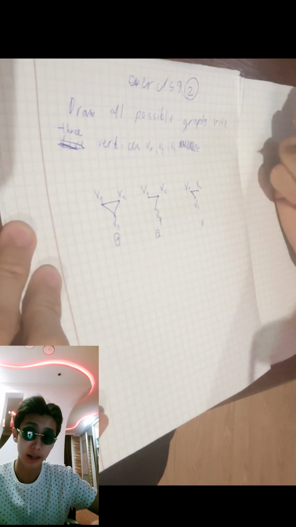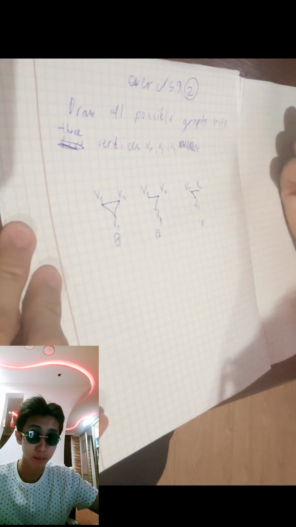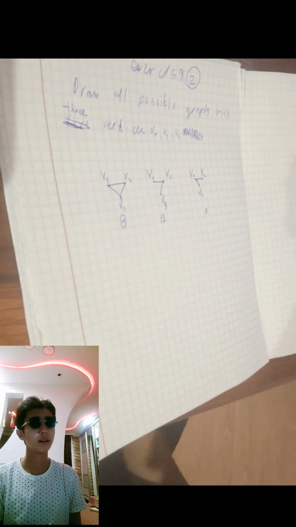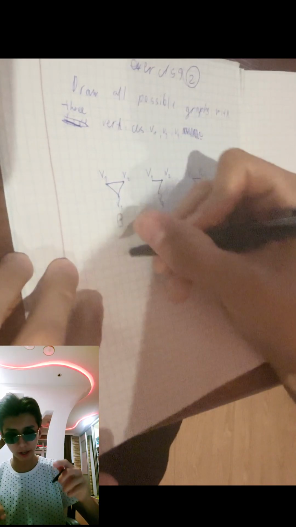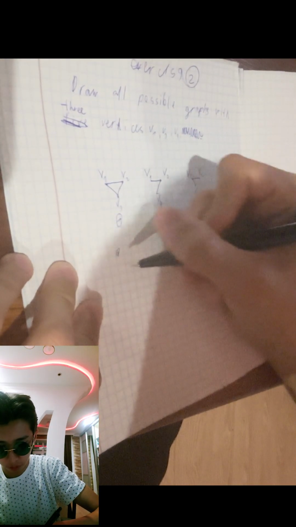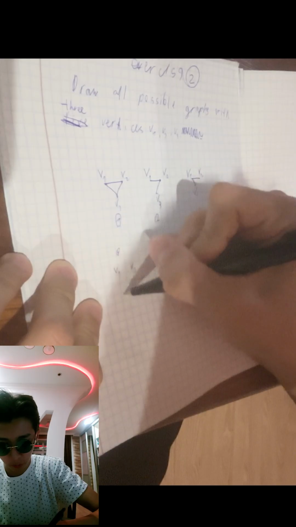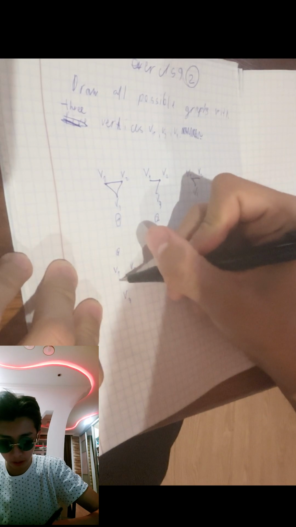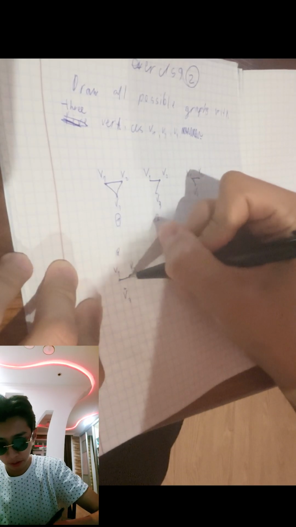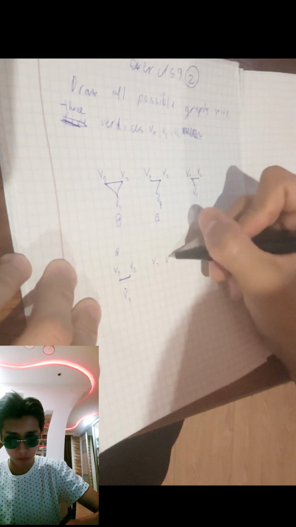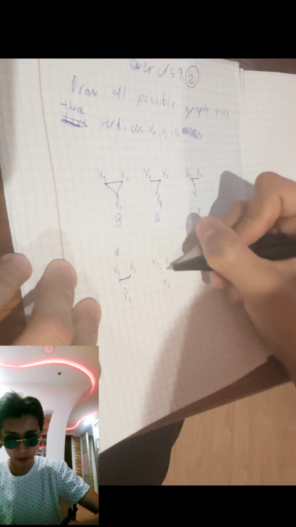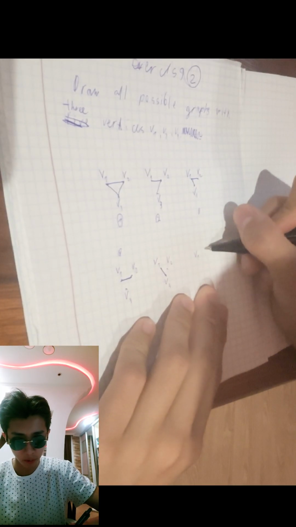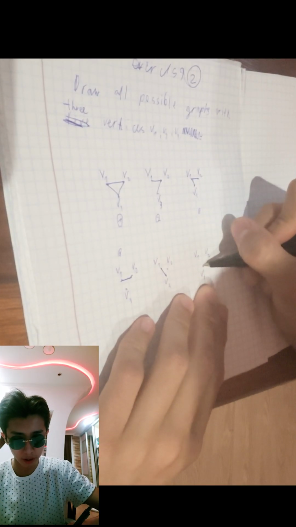Spoiler, we have about 8 graphs. How do I know that? Because I saw that before. Four: V1, V2, V3, with V1 connected to V2. Then V1, V2, V3, with V1 connected to V3. Then V1, V2, V3.